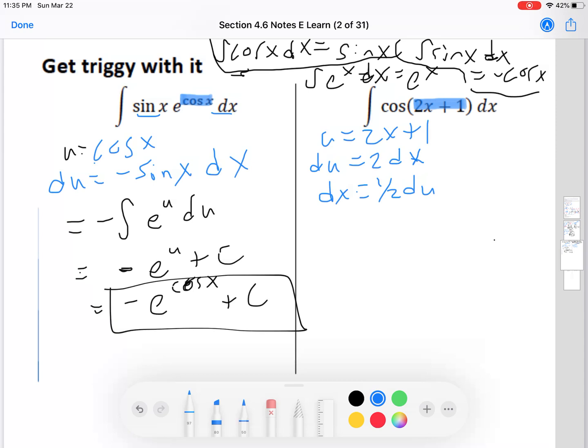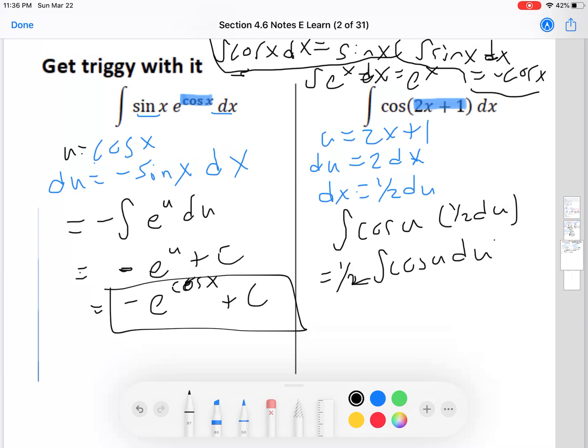So if I'm writing this integral in terms of u, this is the integral of cosine of u, and then my dx is 1/2 du. I'm going to move that 1/2 outside. This would just be half of the integral of cosine of u du.